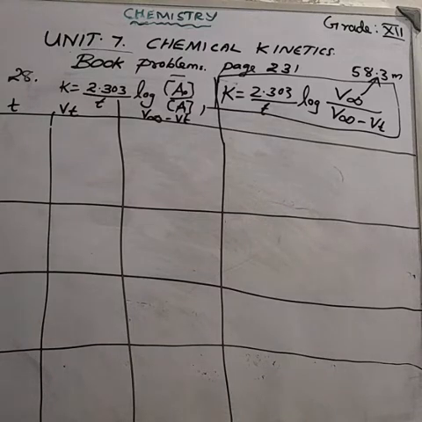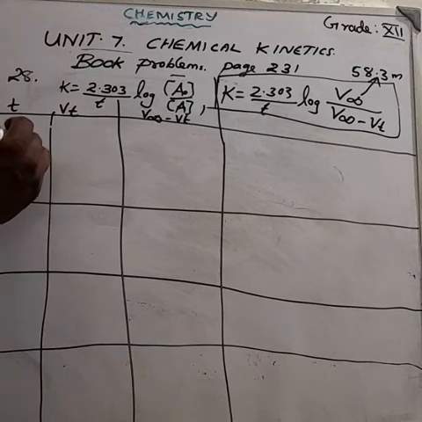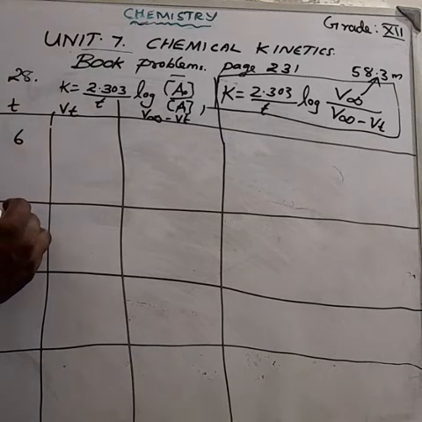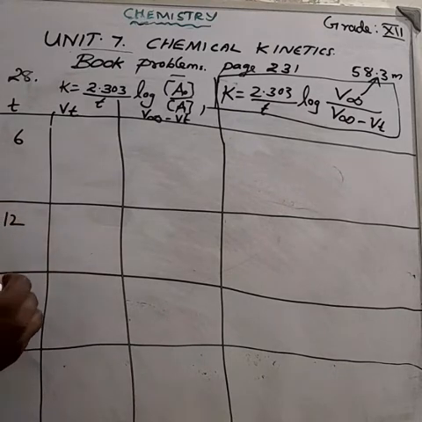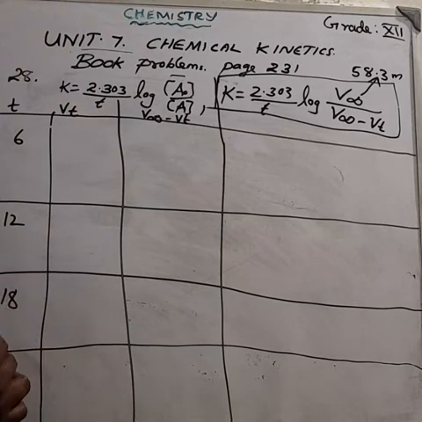We have to substitute here for all. So the time in minutes: first 6 minutes, next again 6 minutes, that is 12 minutes, next again 6 minutes, that is 12 plus 6, 18 minutes, then 18 plus 6, that is 24 minutes.